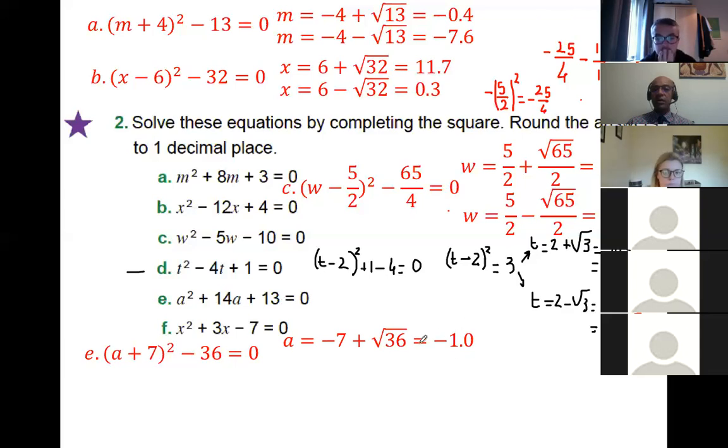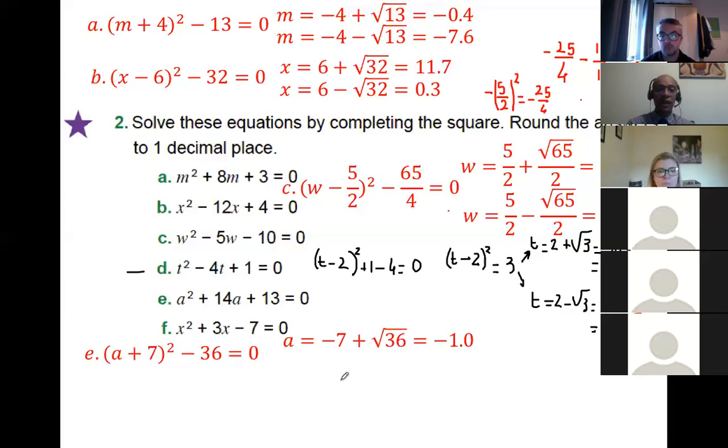Okay? Root 36. But if you type it in your calculator, in case you can't even remember the root, you get negative 1. It tells you there. But because they've said round to 1 decimal place, I just put there minus 1.0 to 1 decimal place.